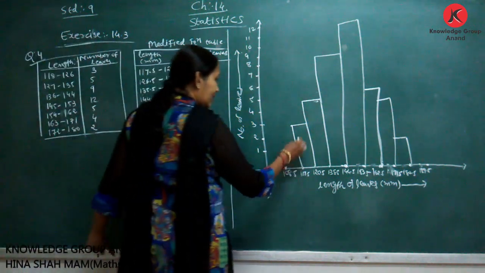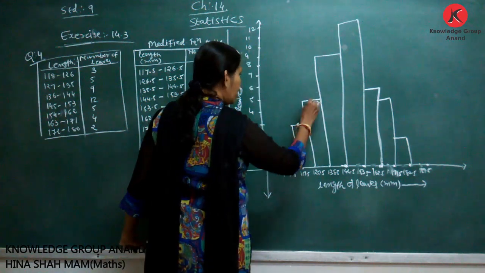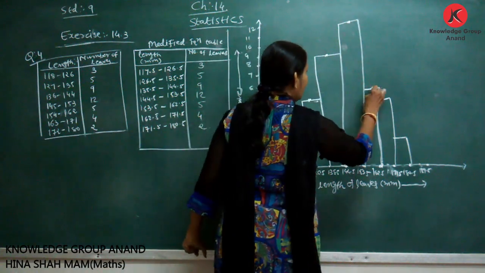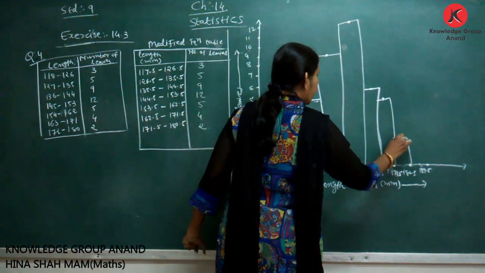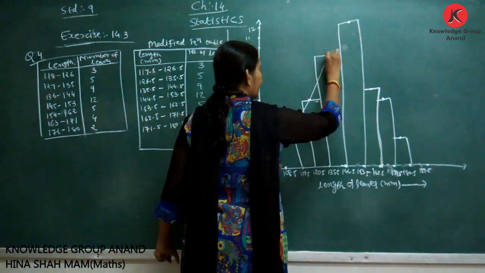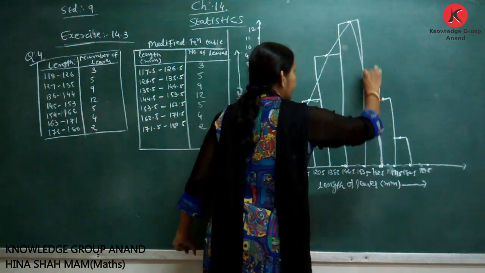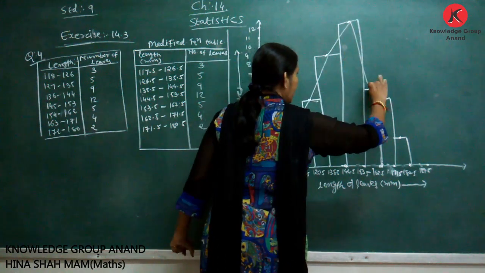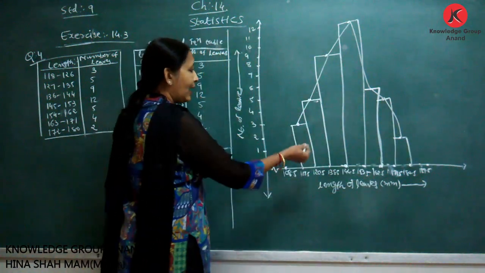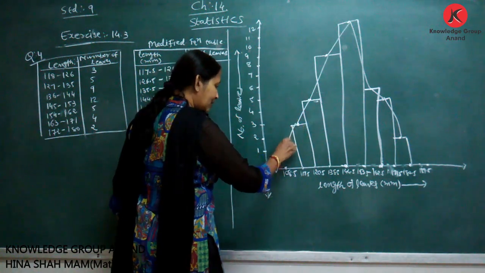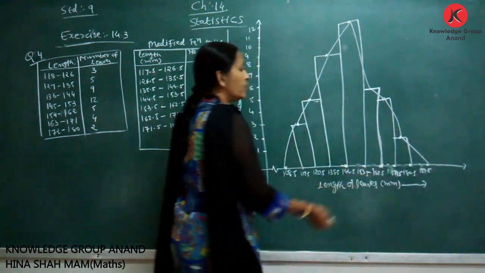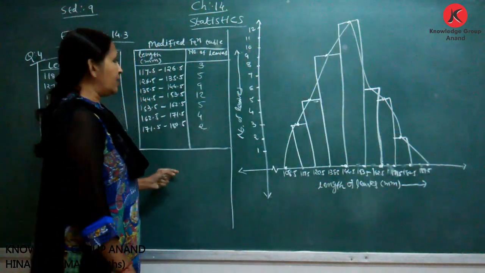It is one middle point, and using the histogram we draw its frequency polygon. Join these points by a scale; otherwise you don't join.